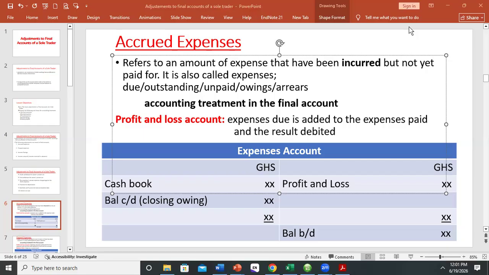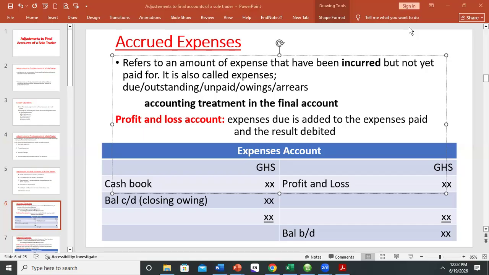Well, you could have told me that you are occupying a building you have not paid rent for, or occupying a store you haven't paid rent for. You have occupied a room for 12 months, you haven't paid, or even 3 years, you haven't paid, right? Or insurance, you haven't paid your insurance premium, or your electricity bill. I think the electricity bill is when we're using the postpaid, we use the light without paying. So these are accrued expenses.